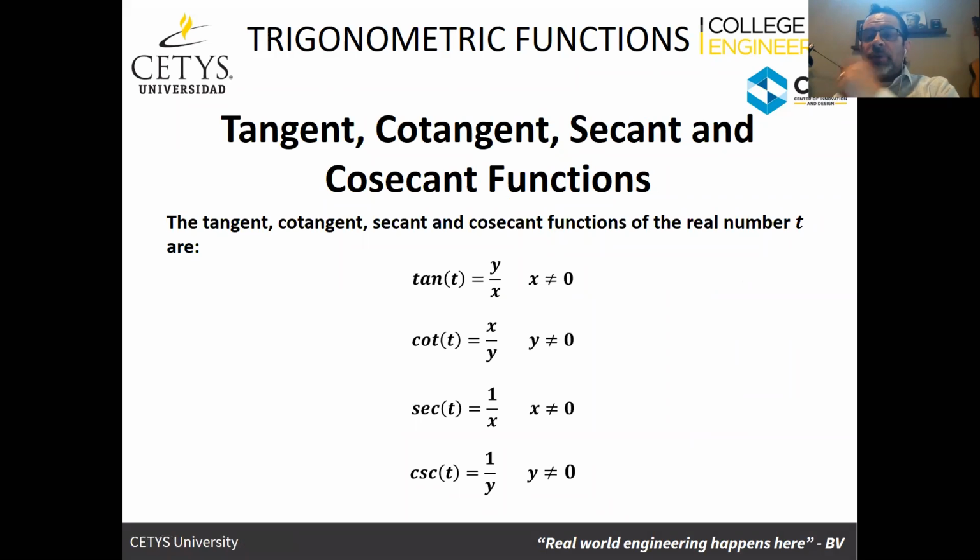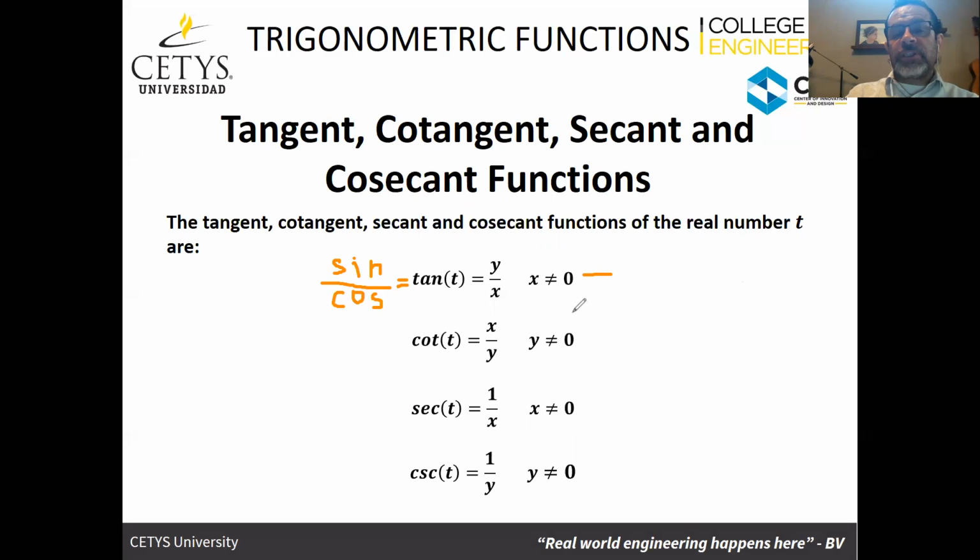And there's a series of other functions that are defined relating to these, which are the tangent, cotangent, secant, and cosecant. The tangent is going to be the relationship that exists between y and x, or another way of representing the tangent is the relationship between the sine and the cosine, according to the definition that we just gave.